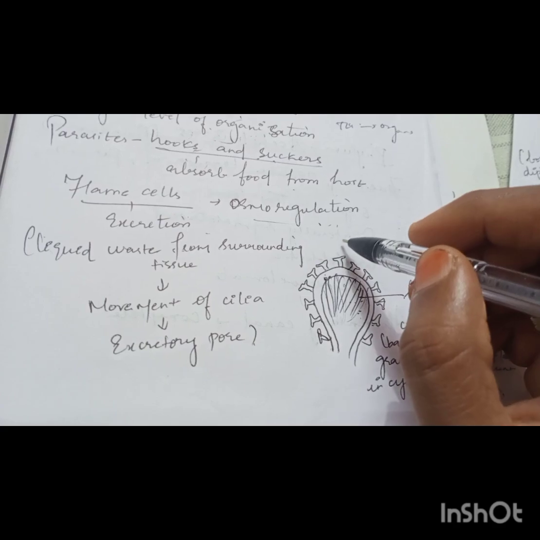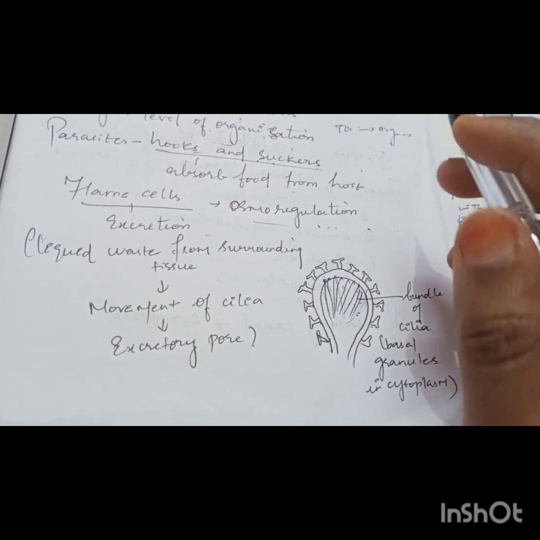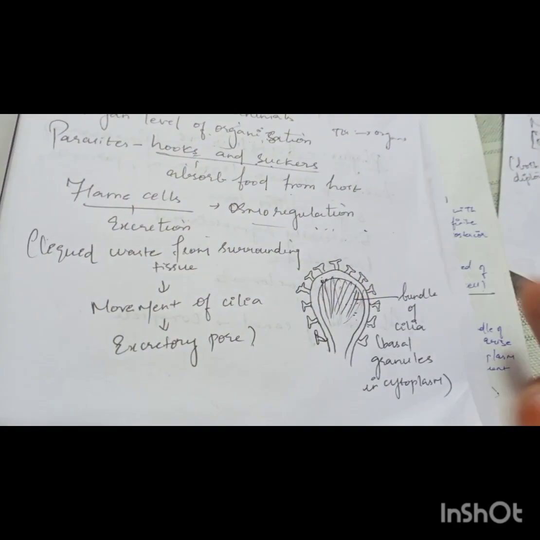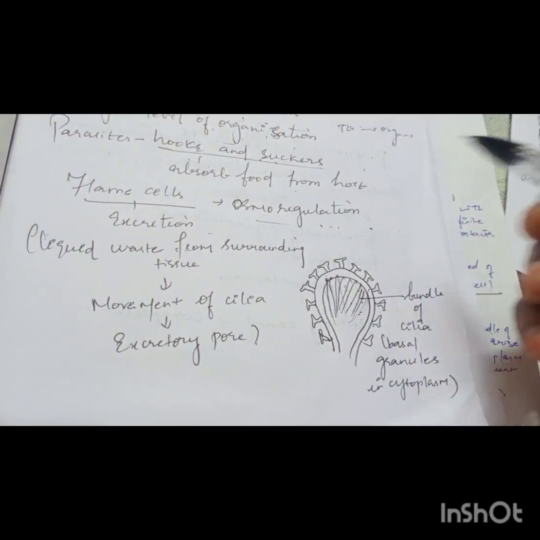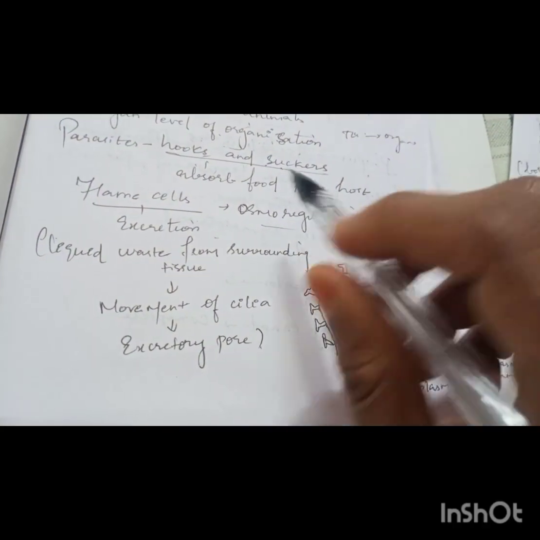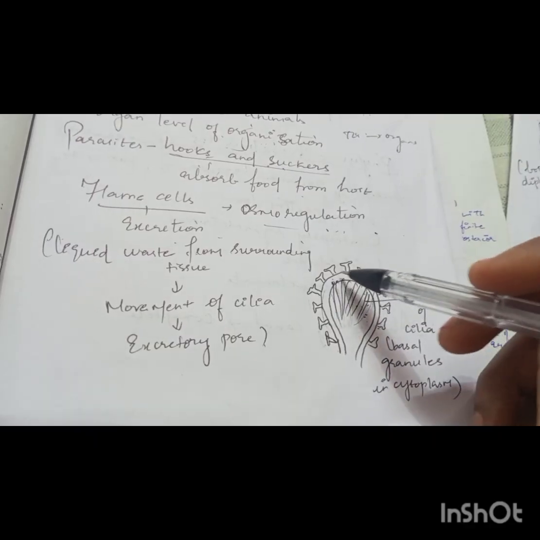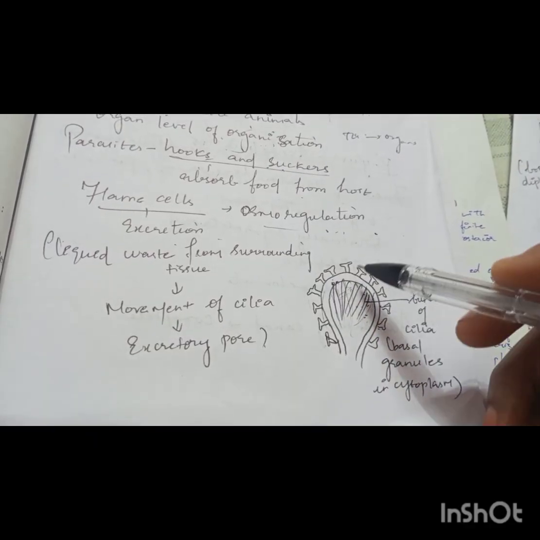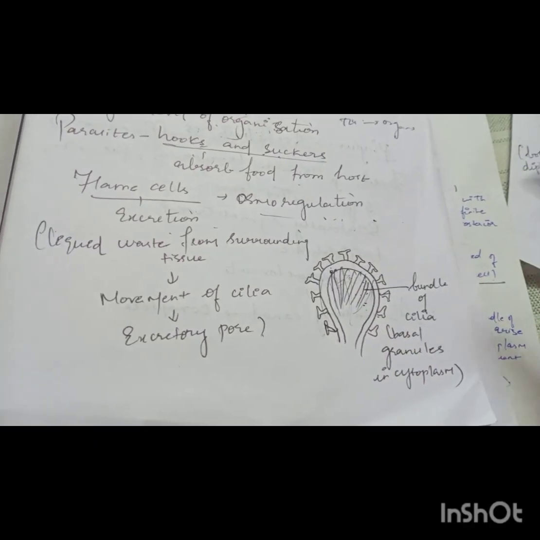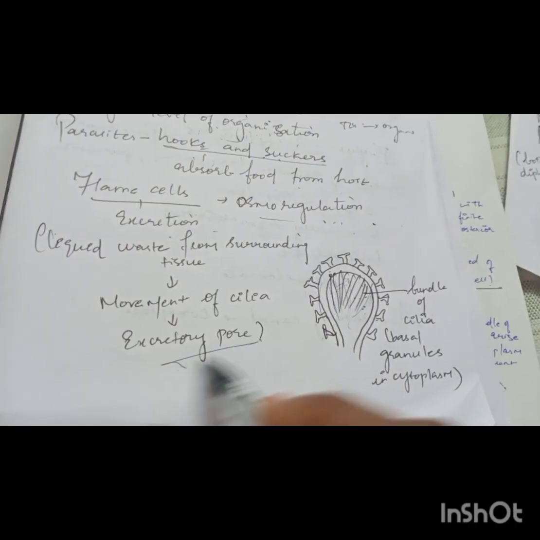Osmoregulation means it helps to maintain the water balance between the inside and outside environment. And excretion: the liquid waste from the tissues is collected by the movement of these cilia and moved out through an excretory pore.